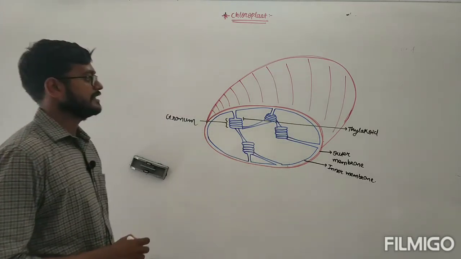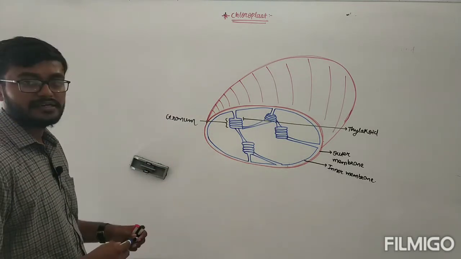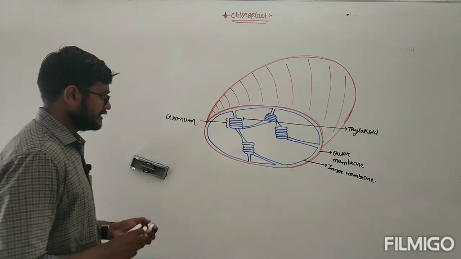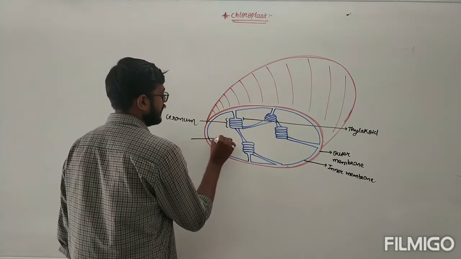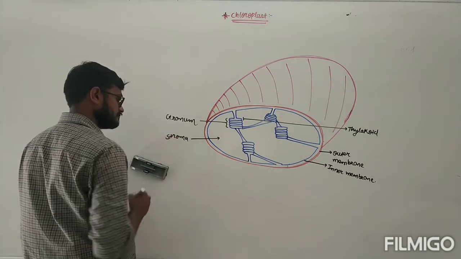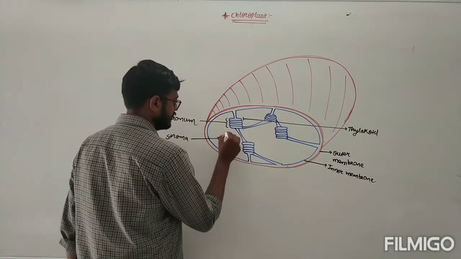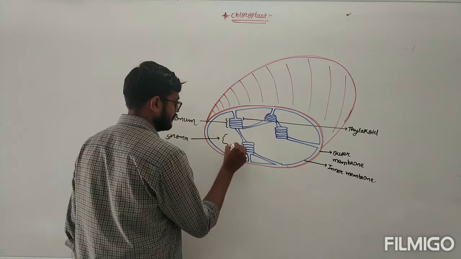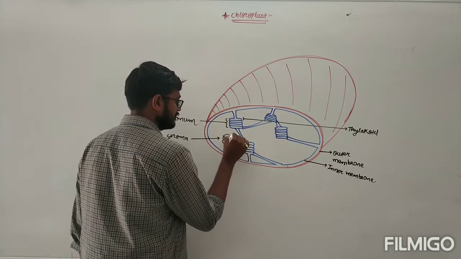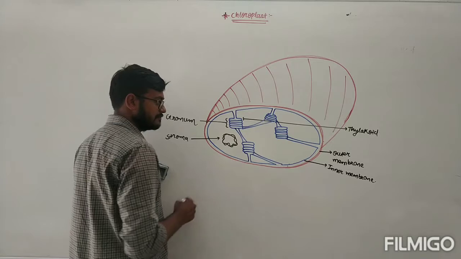So here you can see that each of these grana is combined. Apart from the granum, the remaining region is termed the stroma, and inside this stroma there is genetic material, that is DNA, as in the mitochondria.